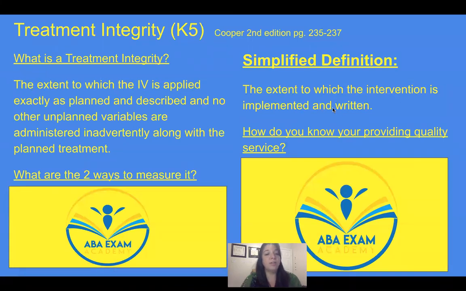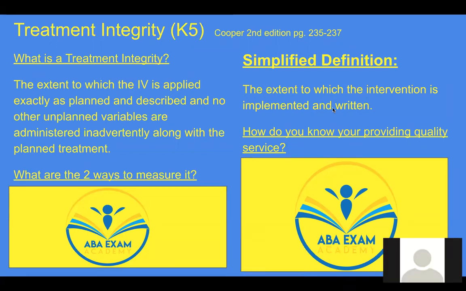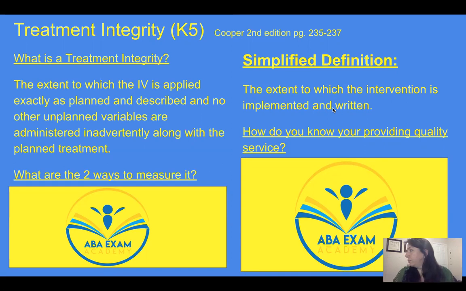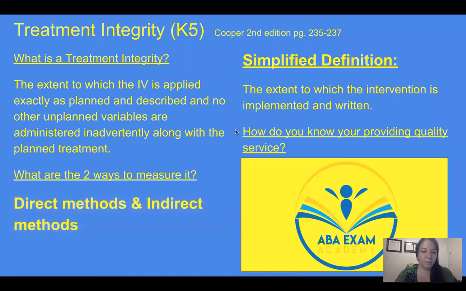So what are the two ways to measure that? Think about it. When we do the FBA, what do we do? What do we look at? The data, or what are we looking? Indirect. Indirect is one. Direct. Perfect. So direct methods and indirect methods.